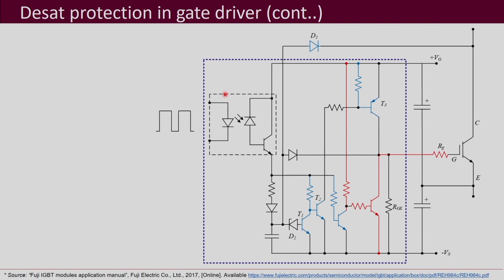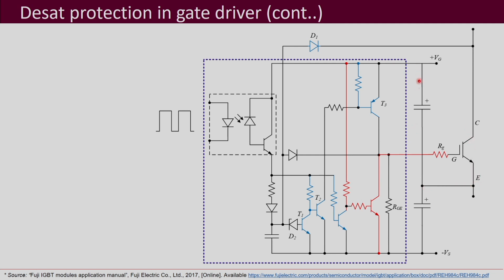So, here you have this optocoupler. This blue box is the optocoupler based gate driver. You have this optocoupler over here, and this diode D1, which is used to sense the overcurrent, and it is connected to this collector point.